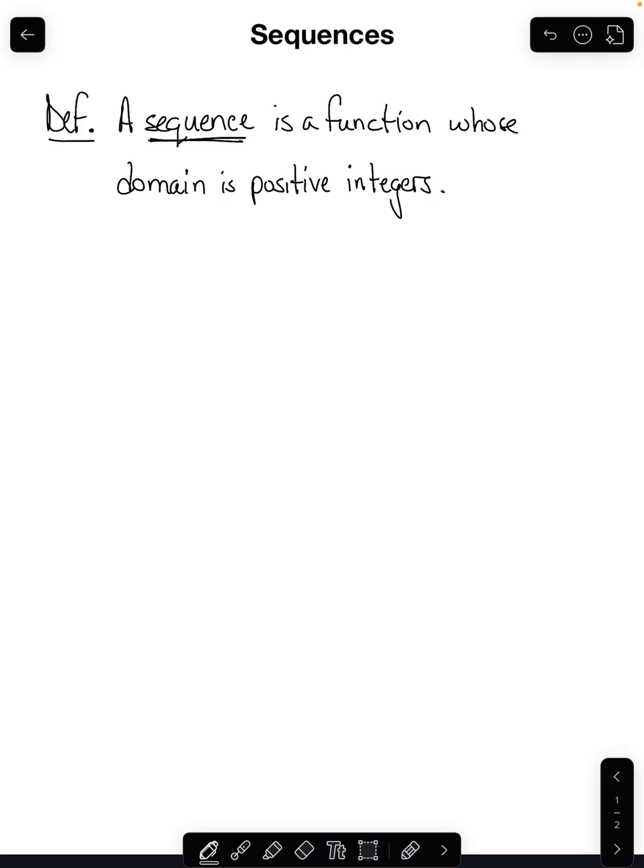The basic idea of the graph of a continuous function is that we graph a few individual points and then we draw a smooth curve between them. In the case of a sequence, the only inputs are positive integers, not even negative integers, just positive integers. Which means that if we were to plot points, we would only have those points. We would have nothing more than those points.